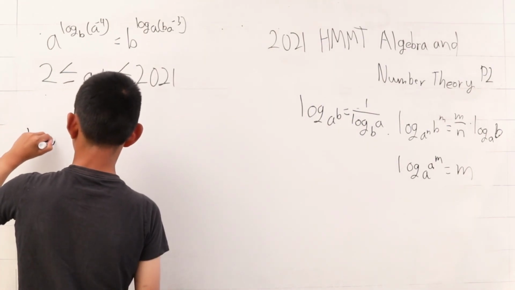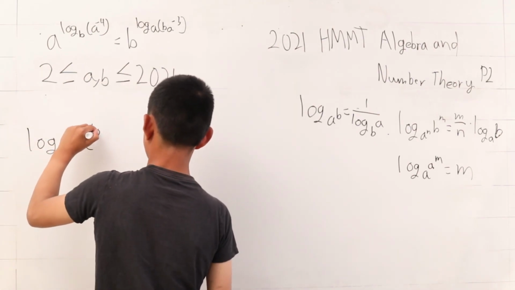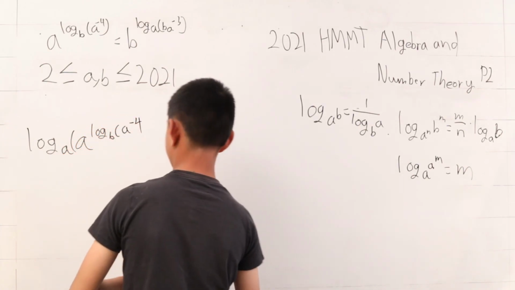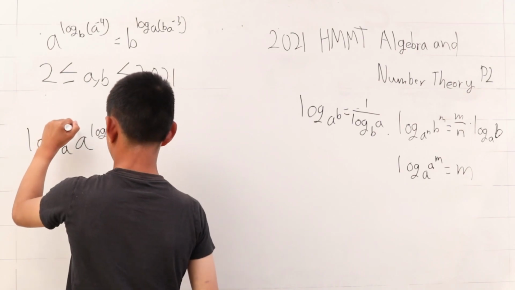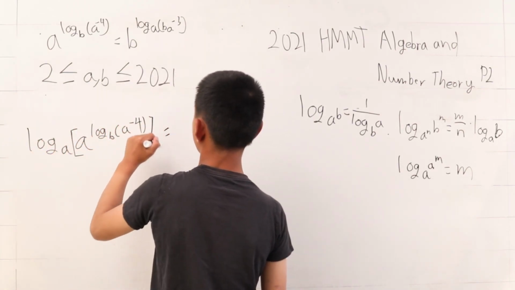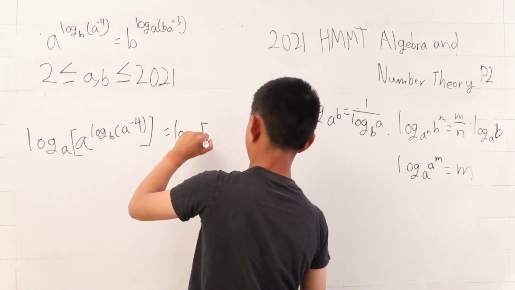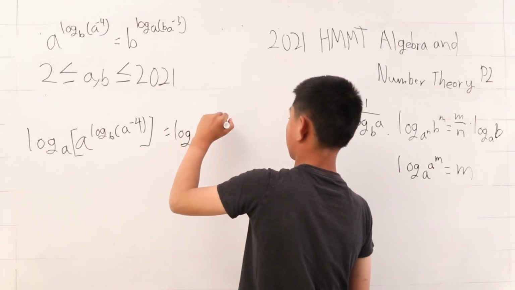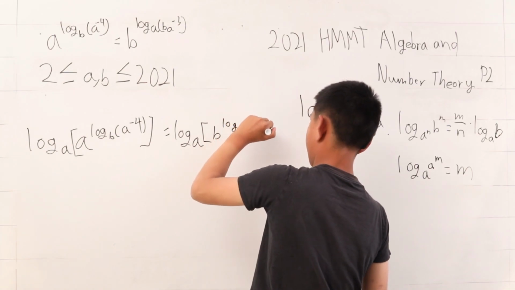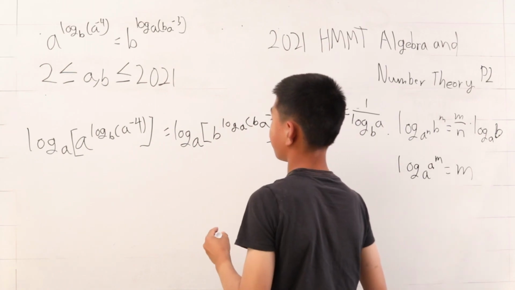So log base a of a to the power of log base b of a to the power of negative 4, in brackets, is equal to log base a of b to the power of log base a of ba to the power of negative 3.